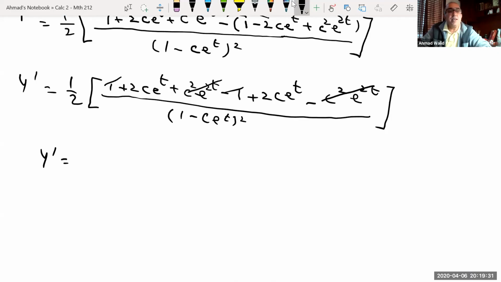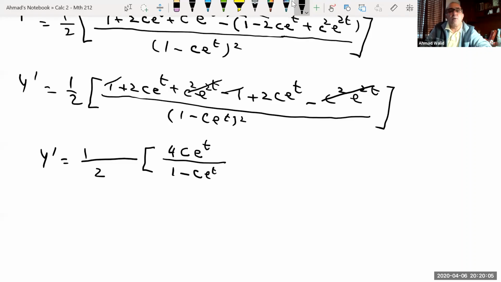Y prime equals 1 over, can I multiply it right now or should I wait? Well, let me wait. 1/2 times what is left inside? 2ce to the power of t, 2ce to the power of t gives you 4ce to the power of t over your denominator, which is 1 minus ce to the power of t all squared.